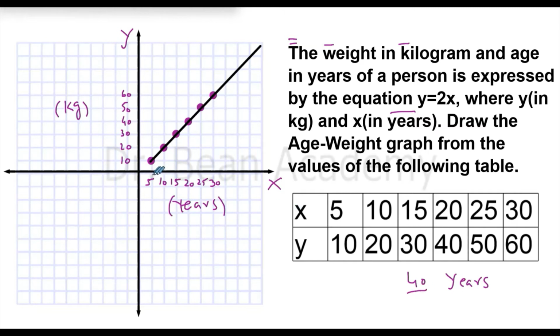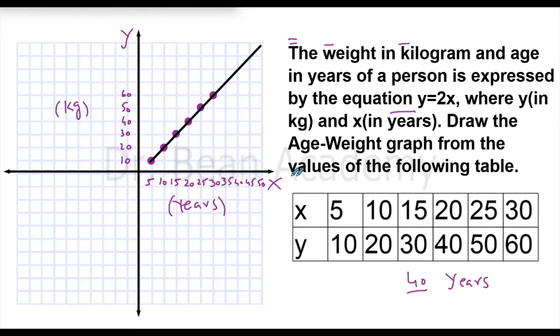Now it's easy. Just go along the x-axis and extend this graph, because the difference between one line and the other line is 5 years. So I can extend it to 35 and then 40. I can even go up to 45 and 50 years. According to this scale, I can predict his weight up to 50 years.